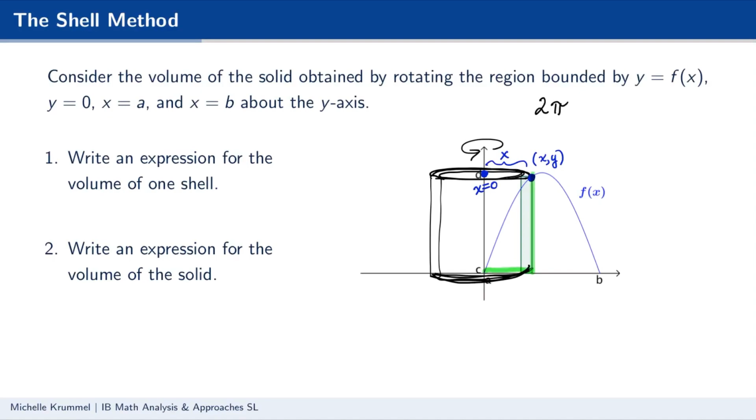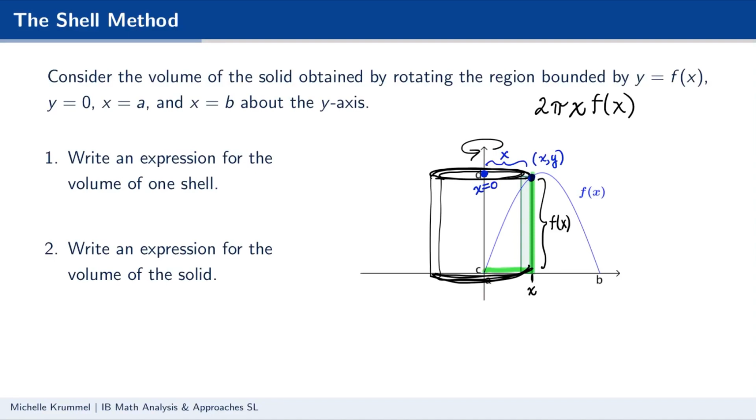Over x and up y. So the horizontal distance is just x. The vertical distance is just y. Okay, so the radius of our cylinder is just x, and then the height of the cylinder is this distance right here, which we said was f of x, 2 pi x f of x.